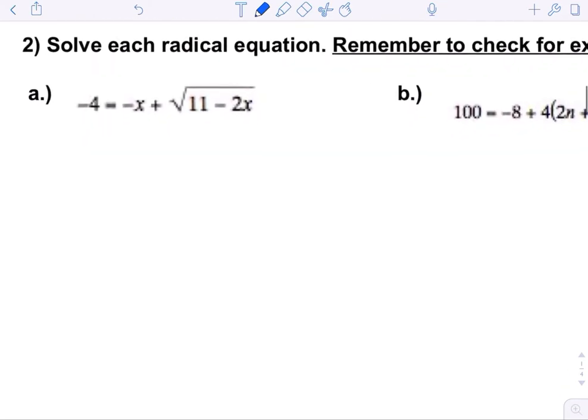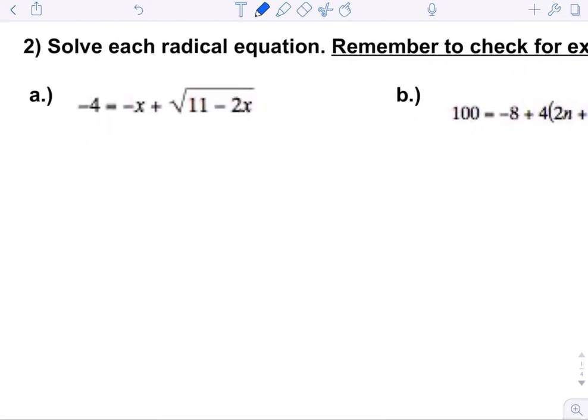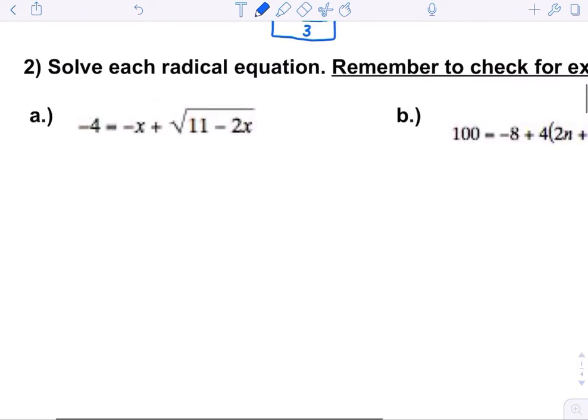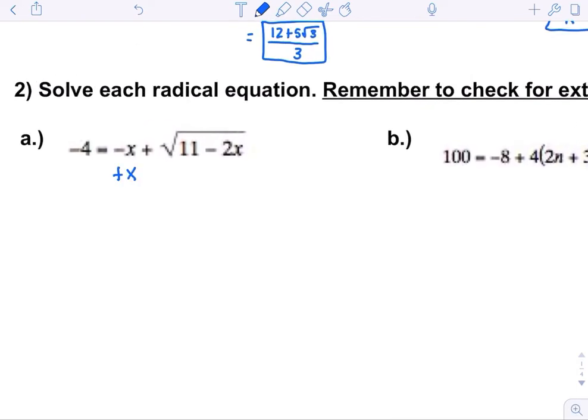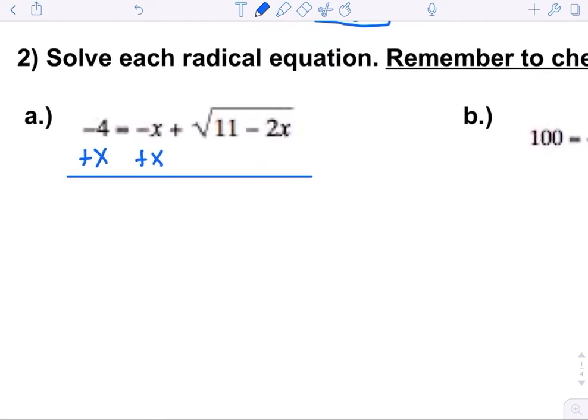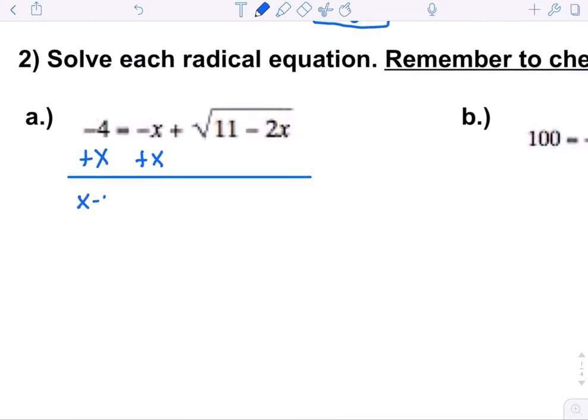Okay, here. Now, when you do a radical equation, you have to isolate the square root. So I'm going to add x to both sides so that the square root is going to be by itself. Square root of 11 minus 2x.